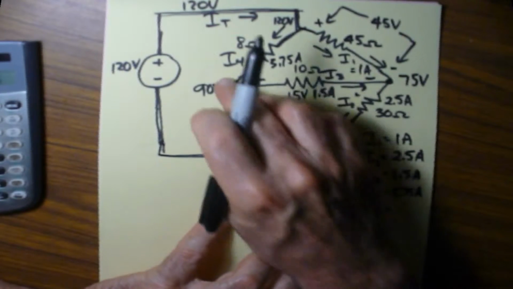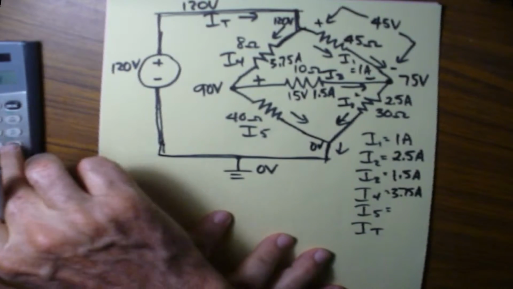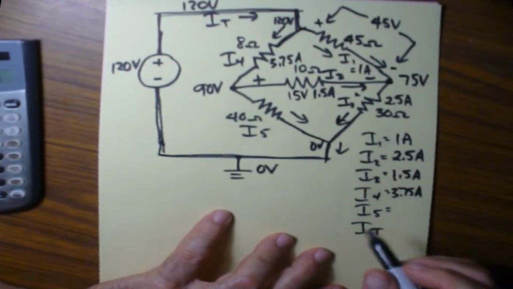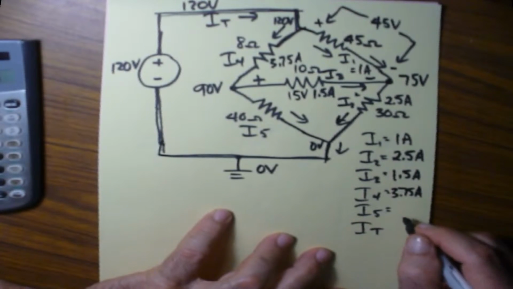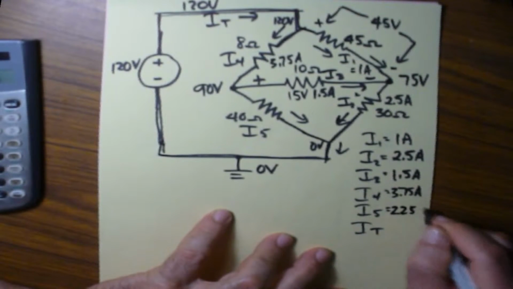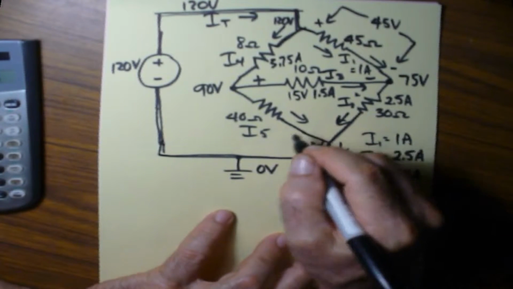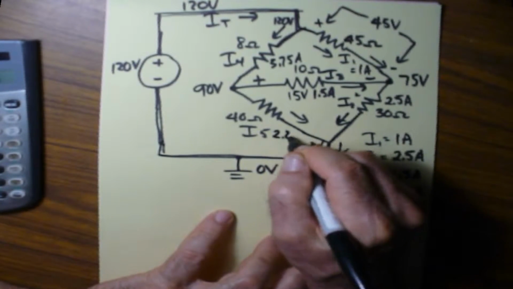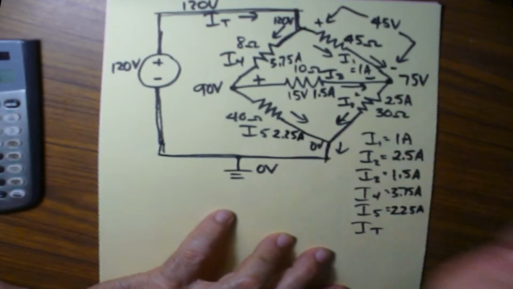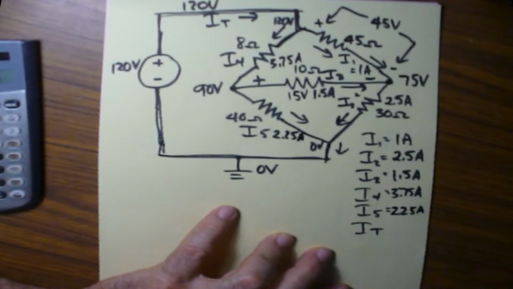90 over 40, or 9 over 4. So 9 divided by 4 is I5, which is 2.25 amperes. Oh, that pretty much settles everything. Let's see if all this adds up here.